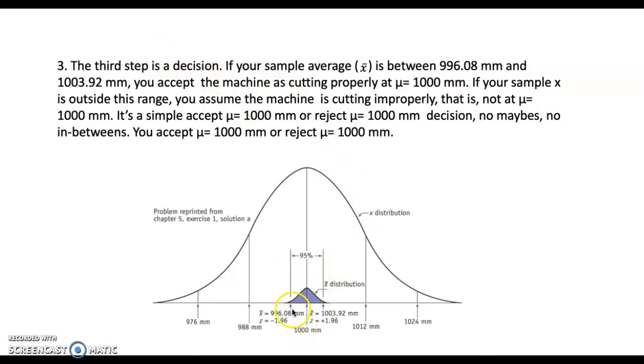The last step is the decision. For the middle 95%, we are going to say that the machine is cutting properly if we have a sample average between 996.08 and 1003.92 millimeter. And then we accept that mu is equal to 1000 millimeter.